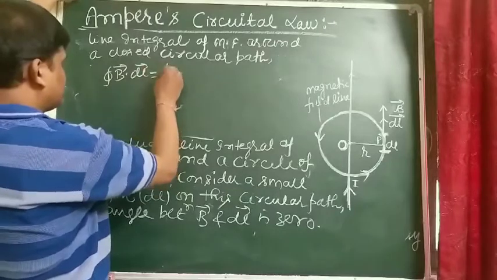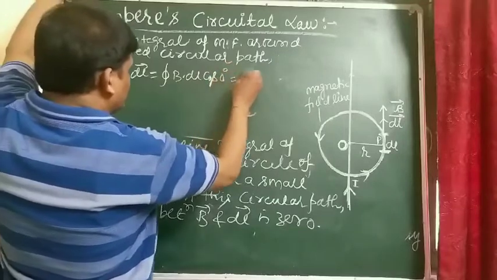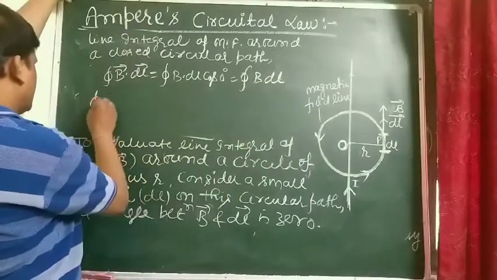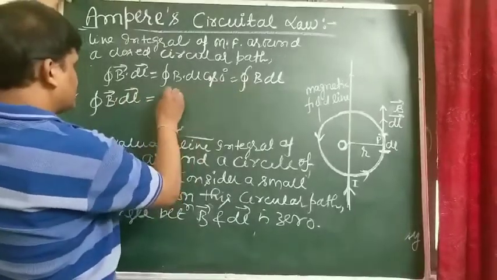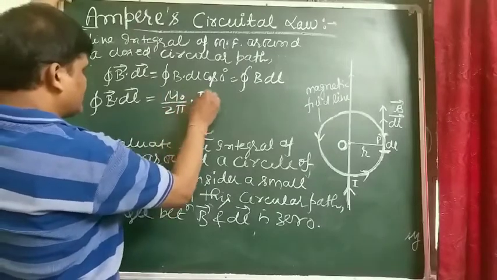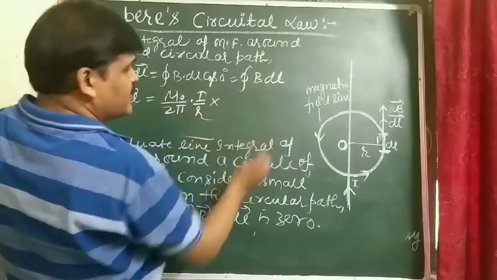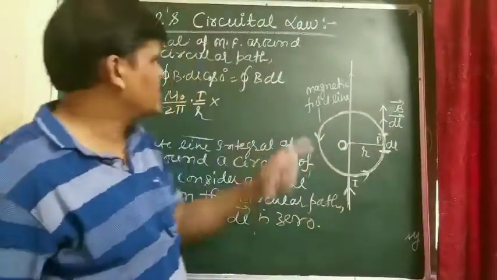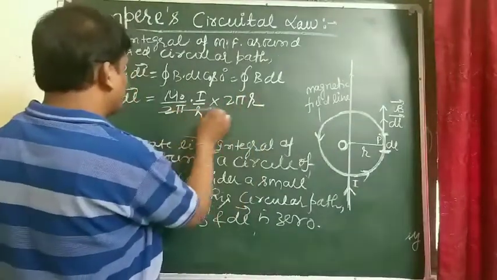And students, the angle between them is 0, so B dl cos 0, and you know that cos 0 is 1, so B dl. The value of B is already calculated as mu naught by 2 pi I by r. The integration of dl is the length of the circle, which is 2 pi r, and 2 pi r cancels out.